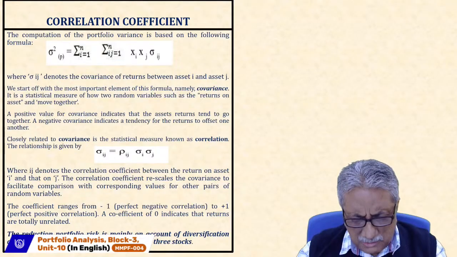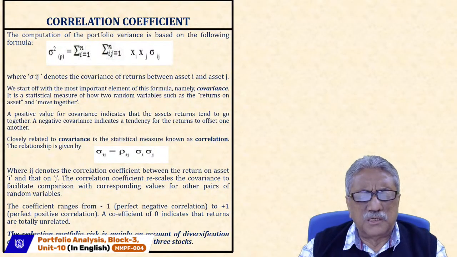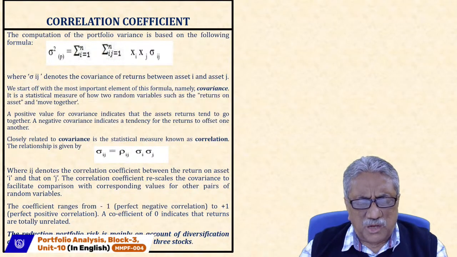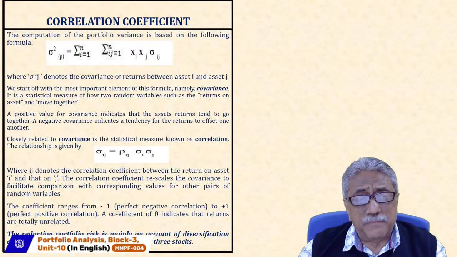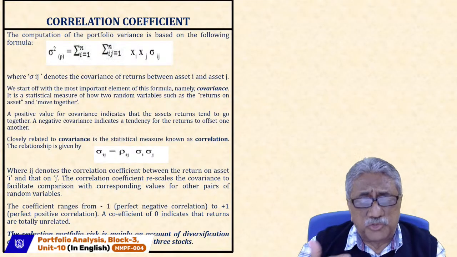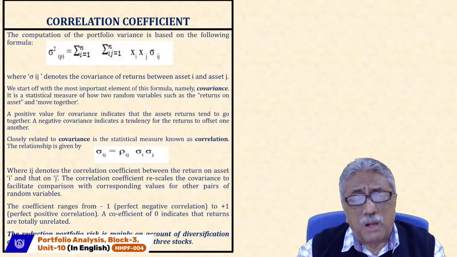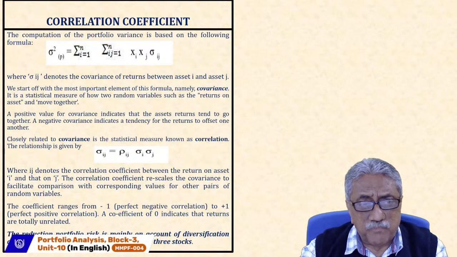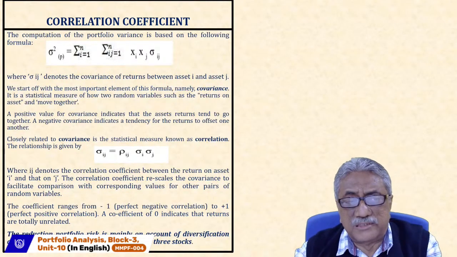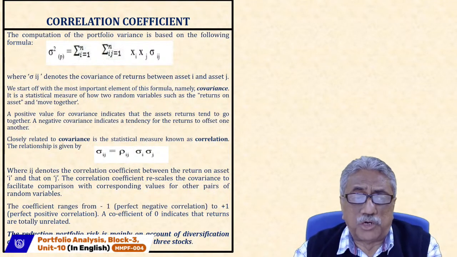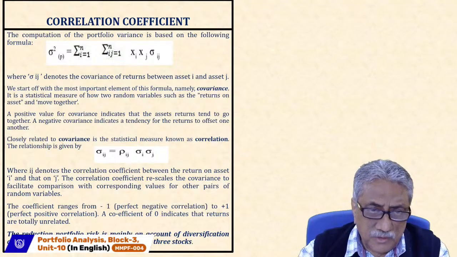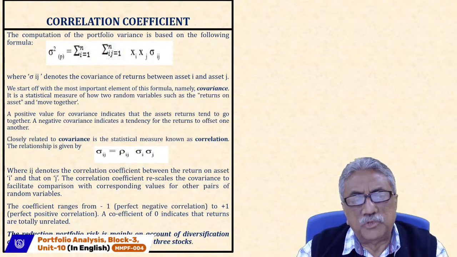If the market goes up, you will get a lesser return because Siemens is going down, Tata Steel is going up. At the same time, when the market moves, maybe Siemens will go up, Tata Steel will come down, and you will get a decent return. So this negative covariance is also a very important concept. Having said that, let me move to the next one.